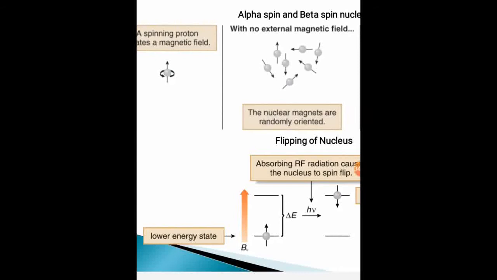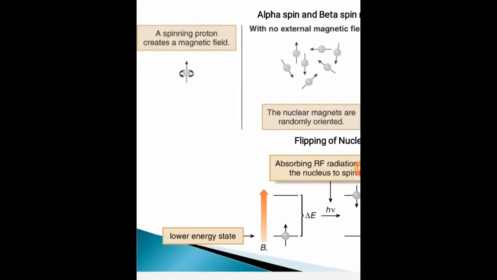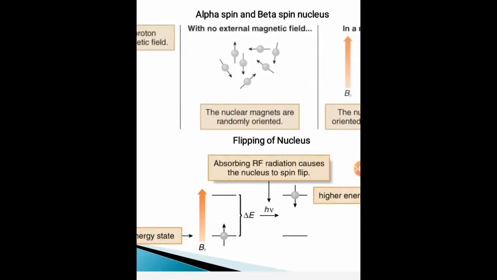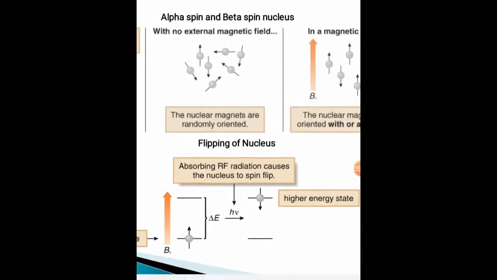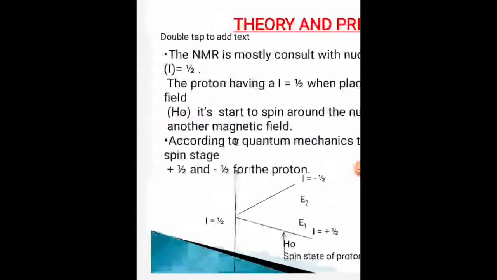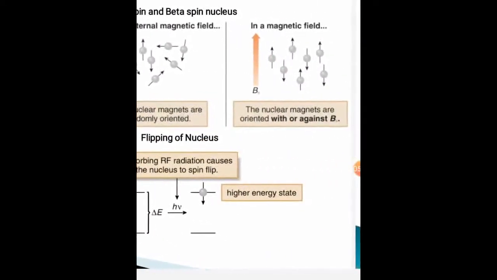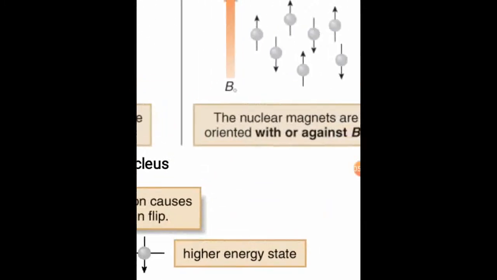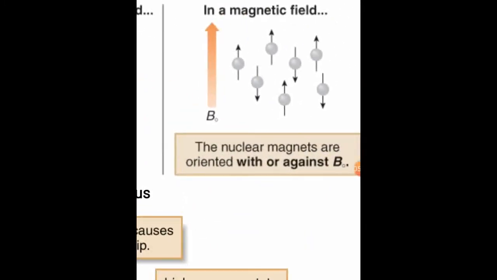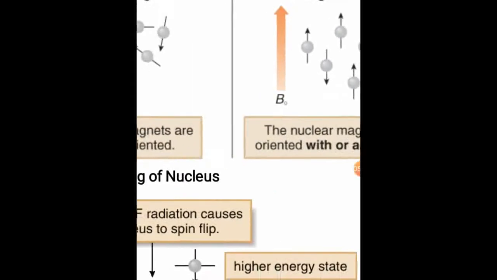Now see here in this diagram, the spinning motion of the proton nucleus creates a magnetic field, but these nuclei are random without a magnetic field. But when these nuclei are placed in a magnetic field, they either align with the magnetic field or oppose the magnetic field.